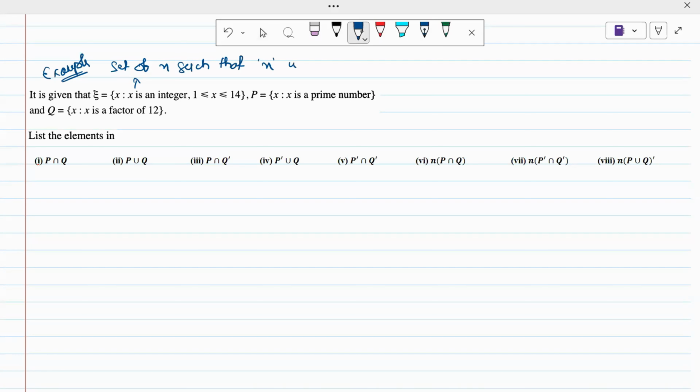X is an integer. This is how you read the set builder form. So it's better to list down the elements. The universal set here goes from 1 till 15, all integers.